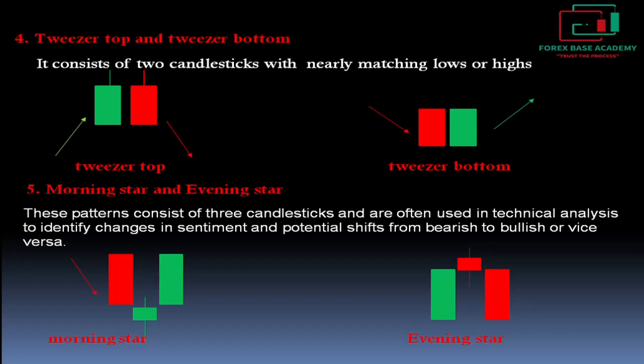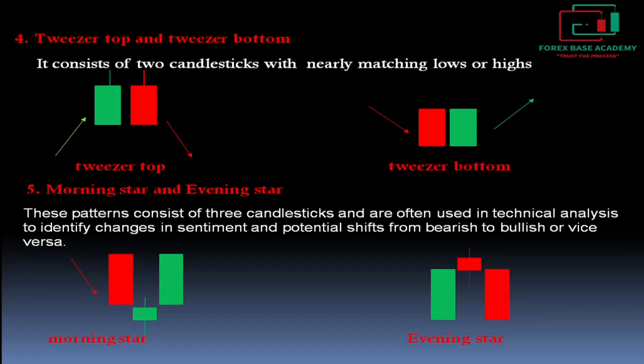We are seeing a bearish movement, or a candle that is bearish. Then we see a small candle forming. Then we have the third candle being equal to the first candle.